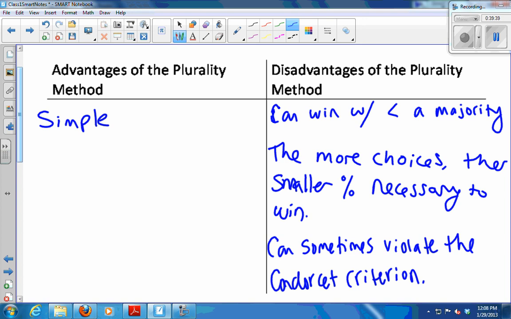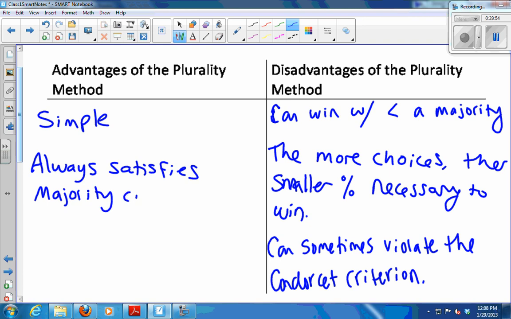But a good thing about it was that we always satisfy the majority criterion. It's impossible to violate the majority criterion with this method. Yeah, the majority candidate will always win. But the Condorcet candidate doesn't always win. Sometimes they can lose.